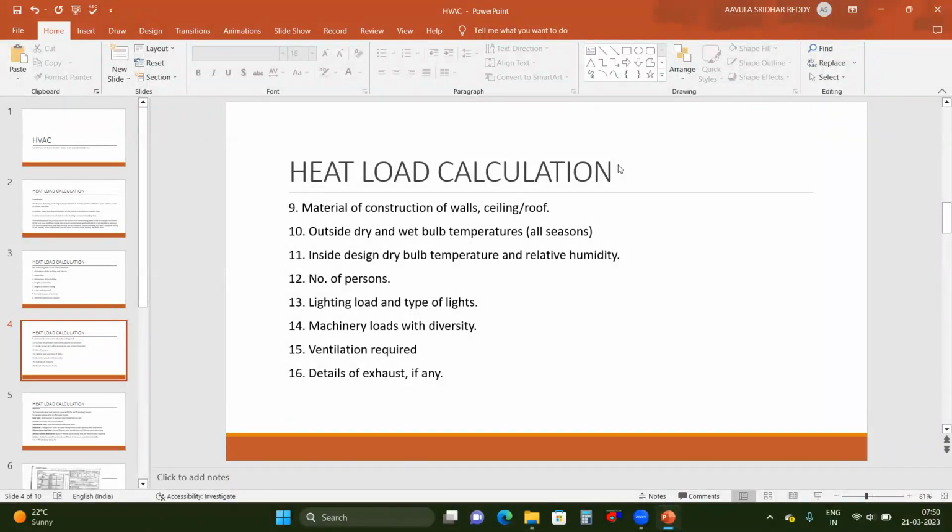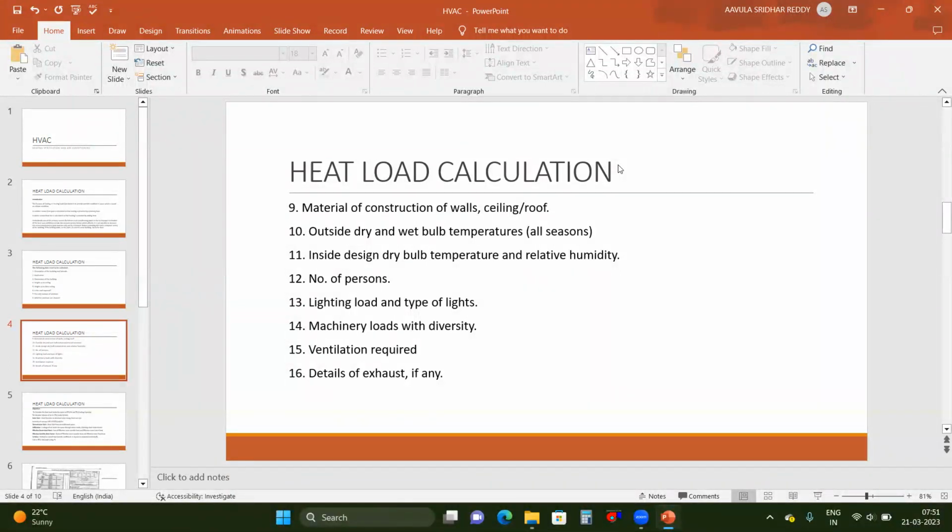Next one is machinery load with diversity. Machinery load is, for example, in an office space we have 20 laptops or systems available there. That also will emit some heat inside the room. All electrical equipment will emit some heat, so whenever you are designing a room, we need to take all the electrical equipment loads.